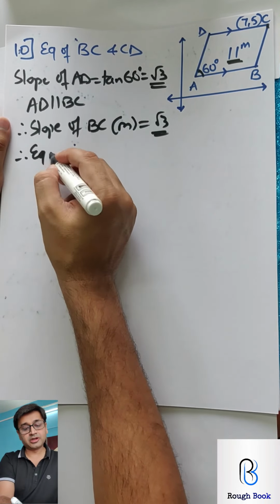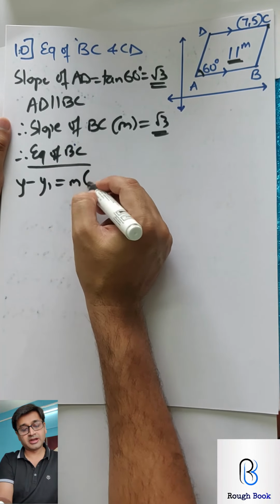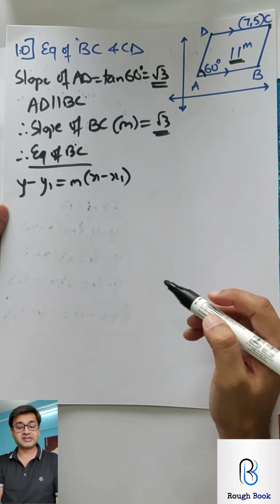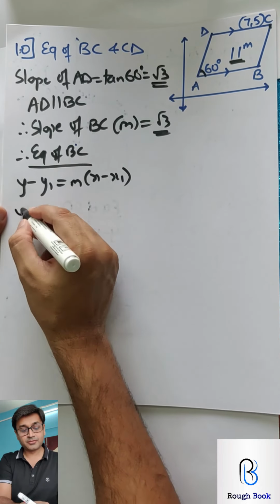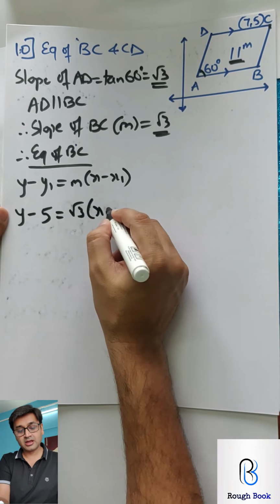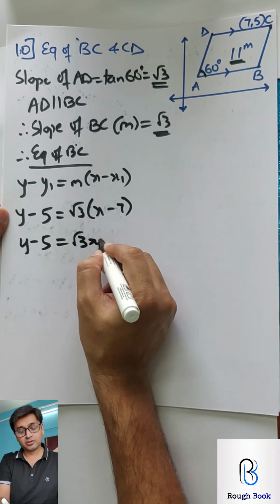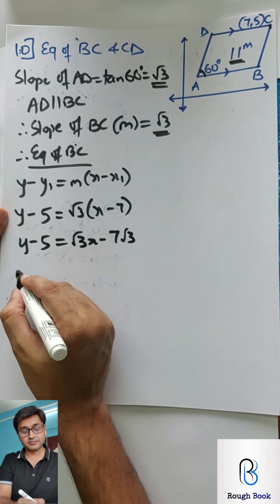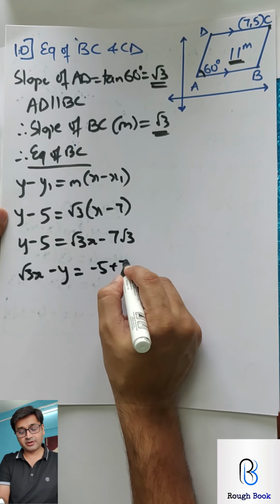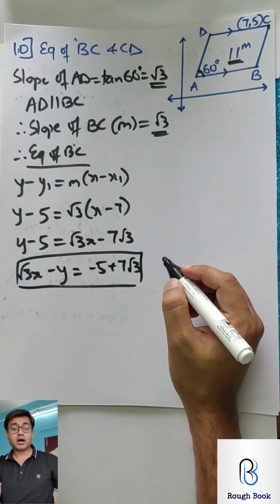Therefore the equation of BC, by point slope form: y minus y1 equals m times (x minus x1). Slope is known, substitute the point (7, 5) and you will be sorted. So y minus 5 equals root 3 times (x minus 7), so y minus 5 equals root 3 x minus 7 root 3. So root 3 x minus y minus 5 plus 7 root 3 equals 0. We managed to get the first equation.